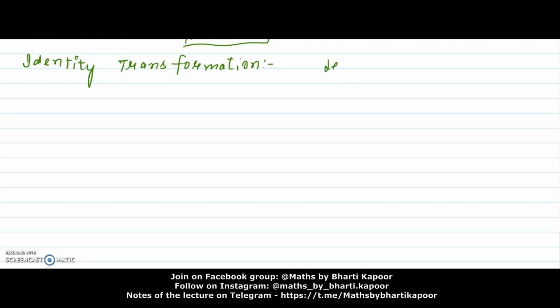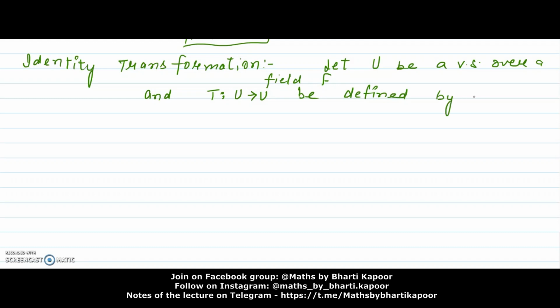For that, let U be any vector space over a field F, and T from U to U, meaning T is a transformation from U to itself, be defined by T(U) = U, meaning the image under T of any element is the element itself.